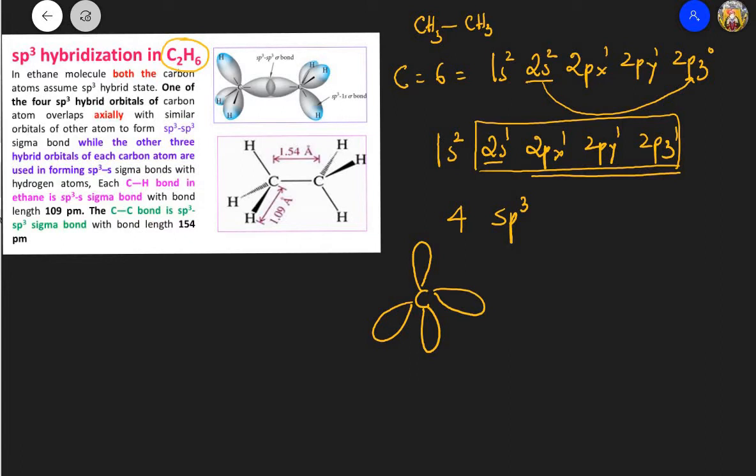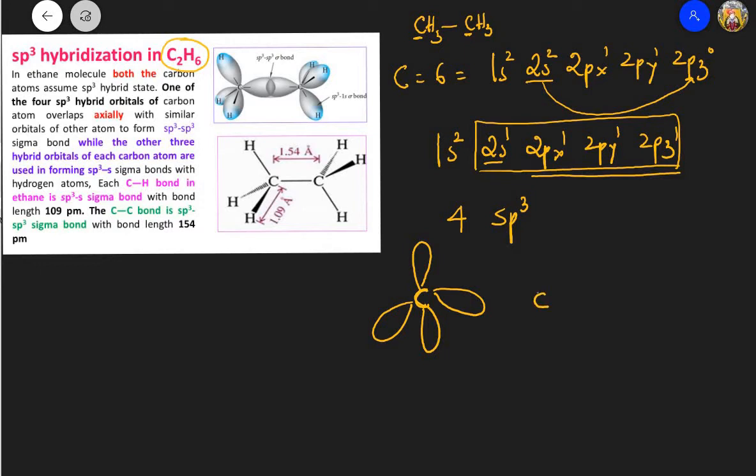Initially we can see that there are 2 carbon atoms here, so there is a need for us to have one more carbon atom. This was the first carbon atom, and afterwards another carbon atom which will have the same hybridization.